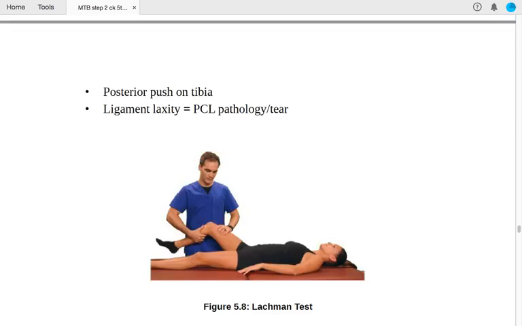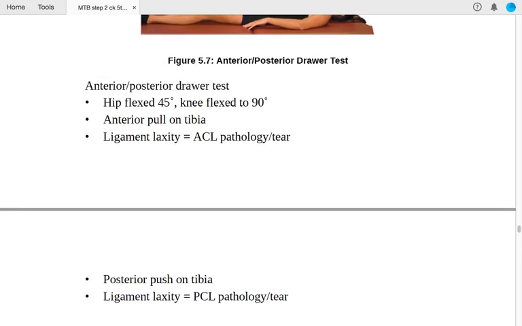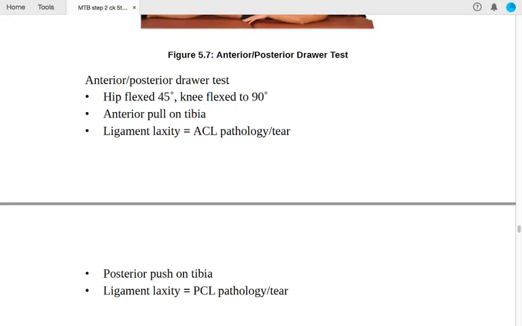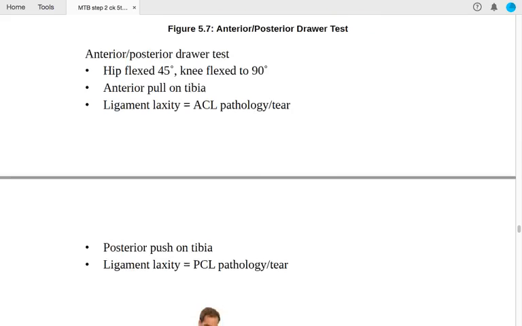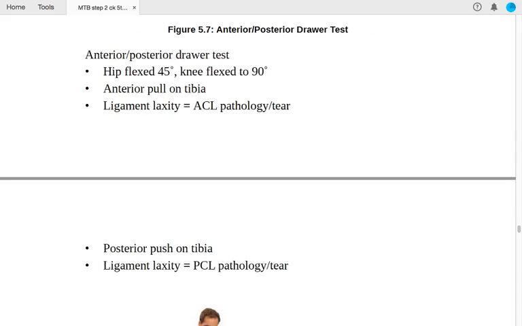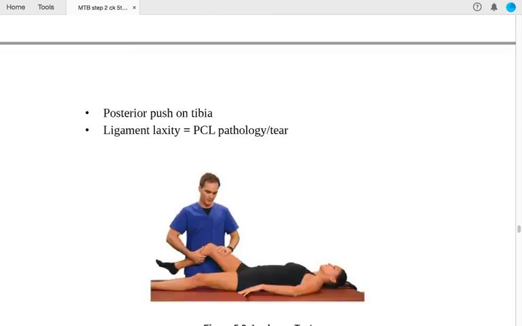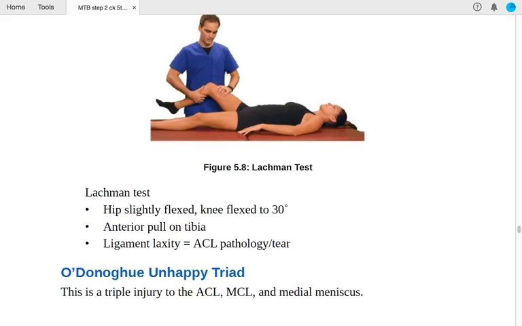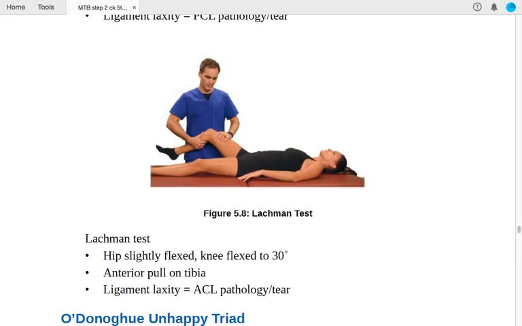In the case of knee involvement with pathology in the cruciate ligaments, there are most chances of the anterior posterior drawer test being positive. With the hip slightly flexed, knee flexed to 30 degrees, and anterior pull on the tibia, if the laxity is there because of this injury, the tear, then we can say this is a positive Lachman test.